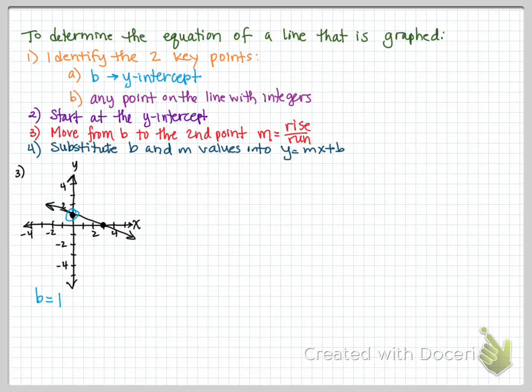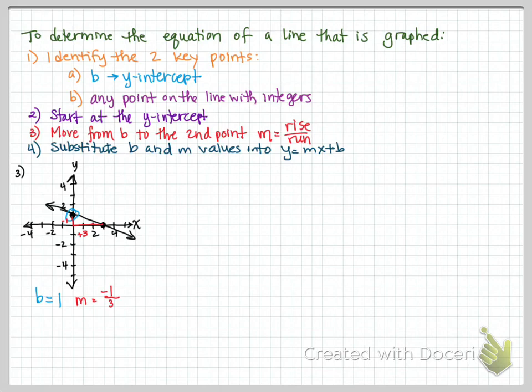And then what about the slope? So to get down to the same level, I went down 1, so that's going to be a -1 for my rise, and then 1, 2, 3, so I run 3. So that is going to be my slope. Okay? Now again, you do not need to make those markings.